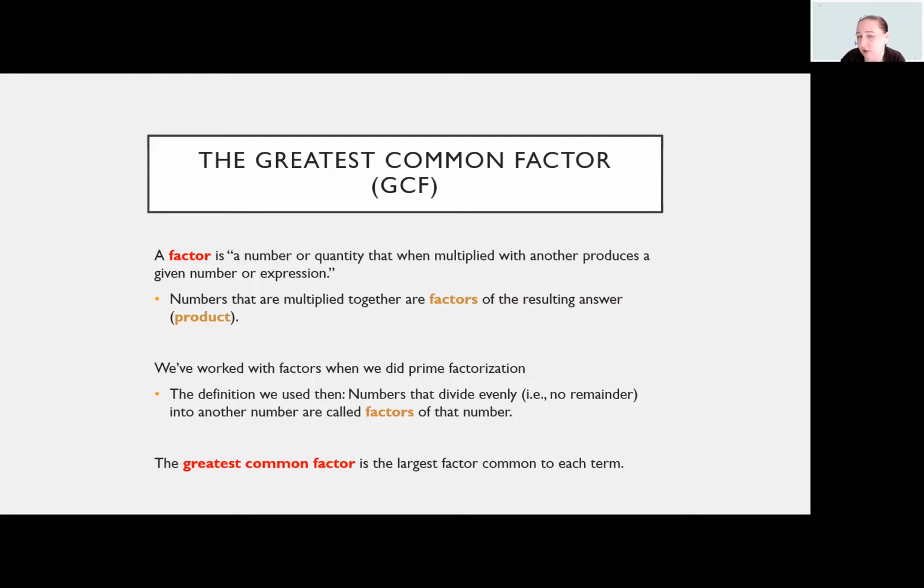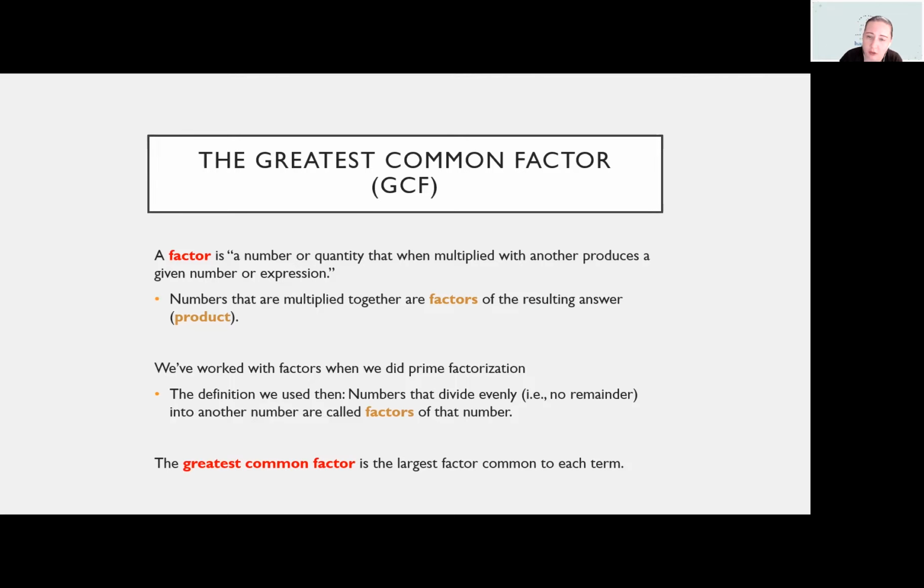We've actually used factors before. Back in week 1, we were doing prime factorization to simplify fractions. And when we were doing that, we were looking at the same concept, but with a slightly different definition. Numbers that divide evenly into another number are called factors of that number. These are equivalent.